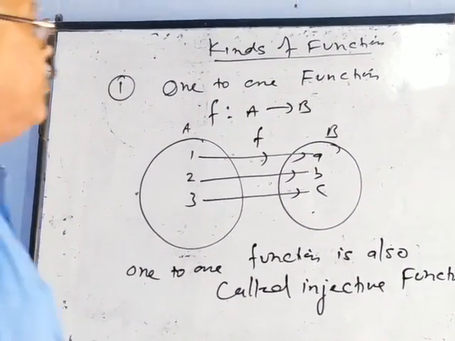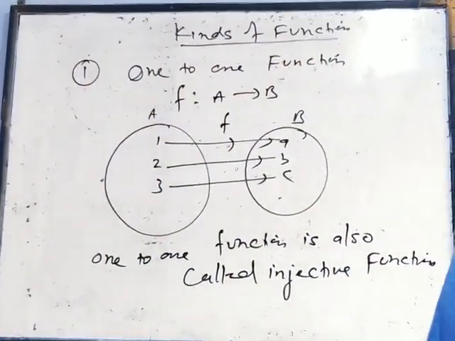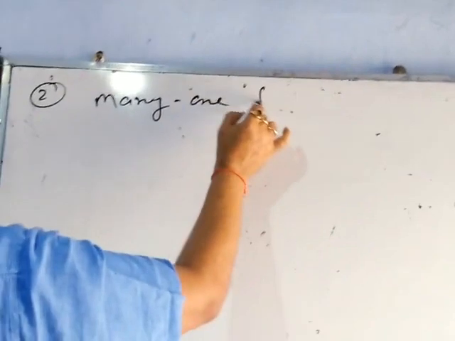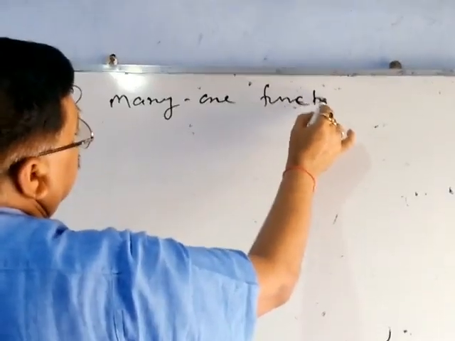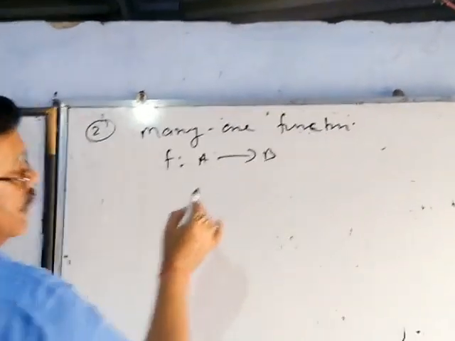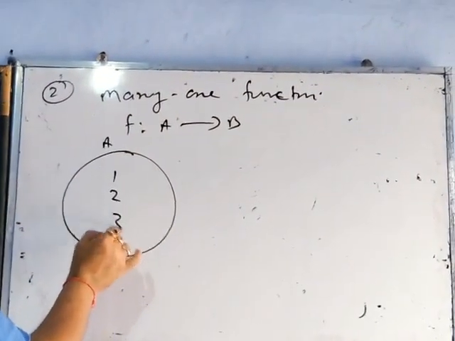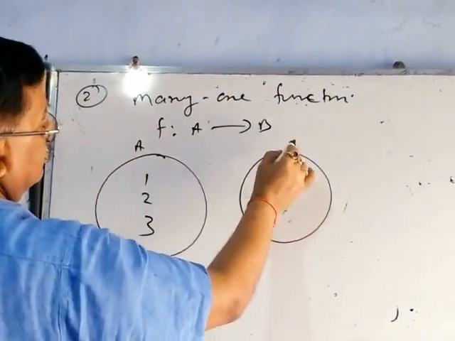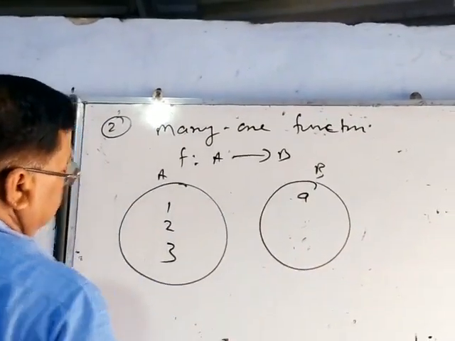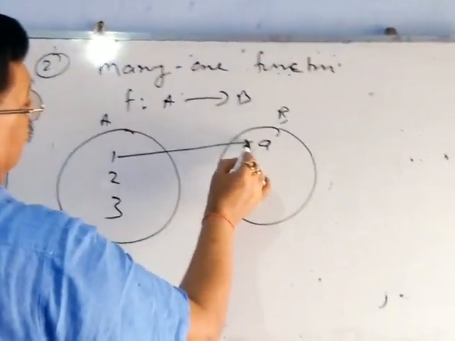Now the many-one function, student. For f from A to B, by picture we can show set A as 1, 2, 3 and B as A, B. Here it is a many-one function.